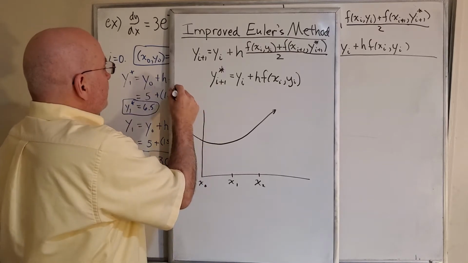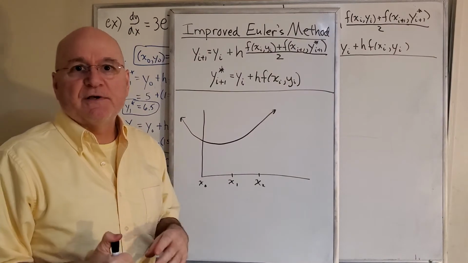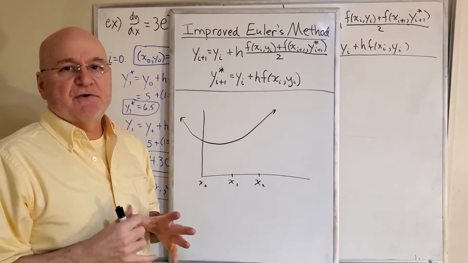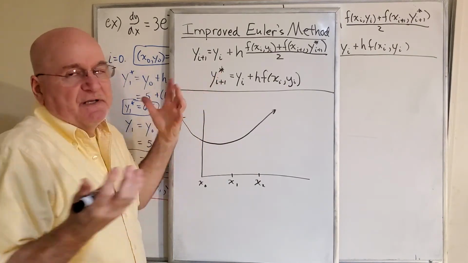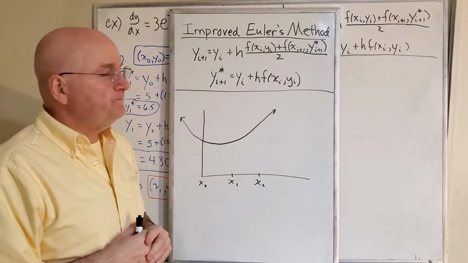This is the new improved Euler's method. So essentially what you do is compute yi plus 1 just like you did before, only all we're going to do with that is give it a new variable name, yi plus 1 star.